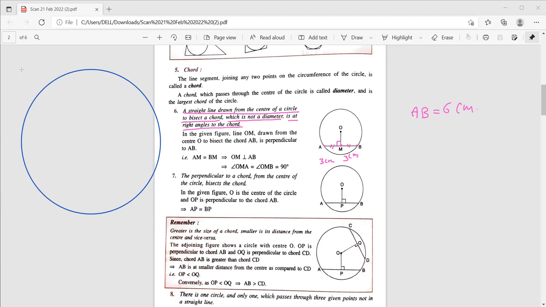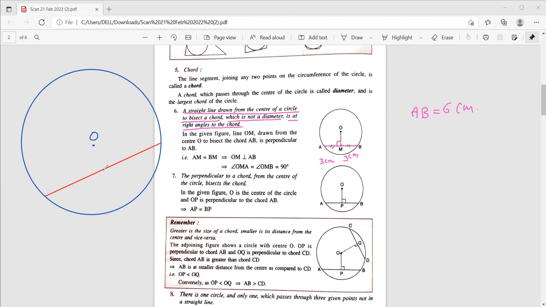See, here you have a circle. Now, in this circle, somewhere you have a center. Let the center be O. Now, you have a chord here, somewhere. The chord shouldn't be the diameter. If it is a chord, it will have a midpoint somewhere.